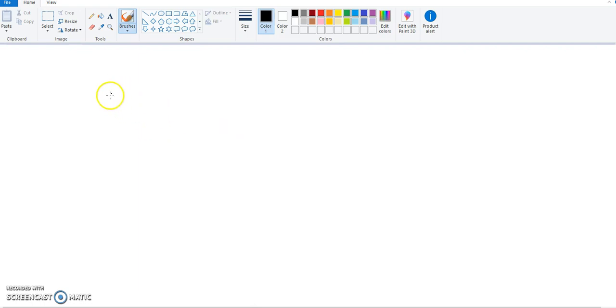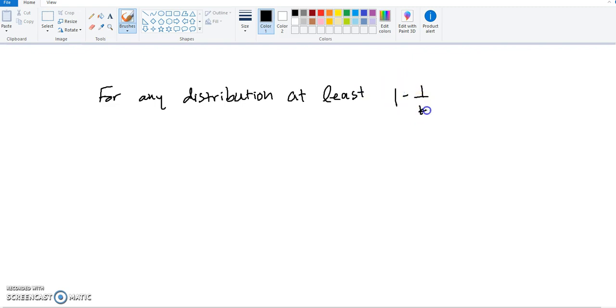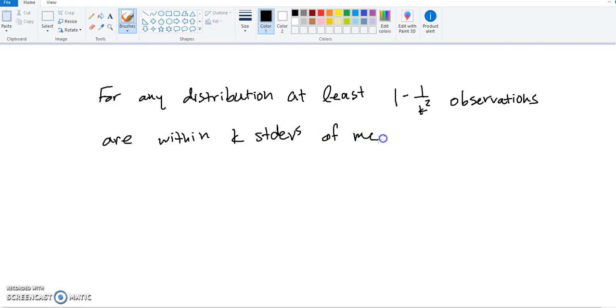It says for any distribution, at least 1 minus 1 over k squared observations are within k standard deviations of the mean, and k has to be bigger than 1.